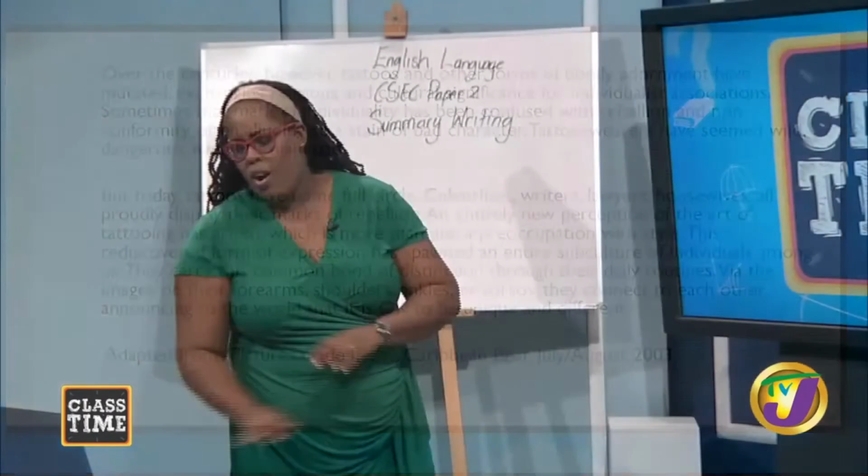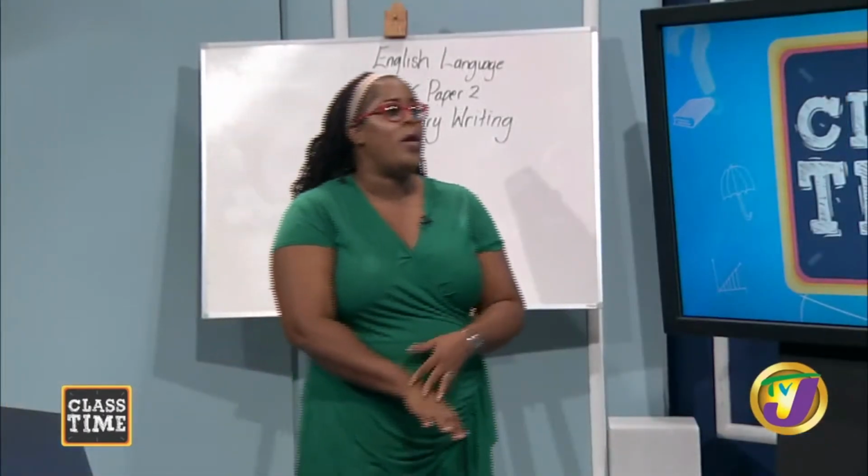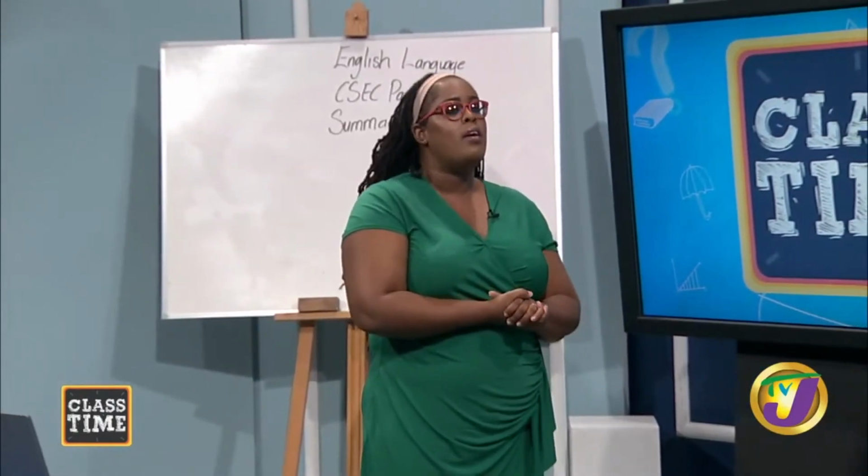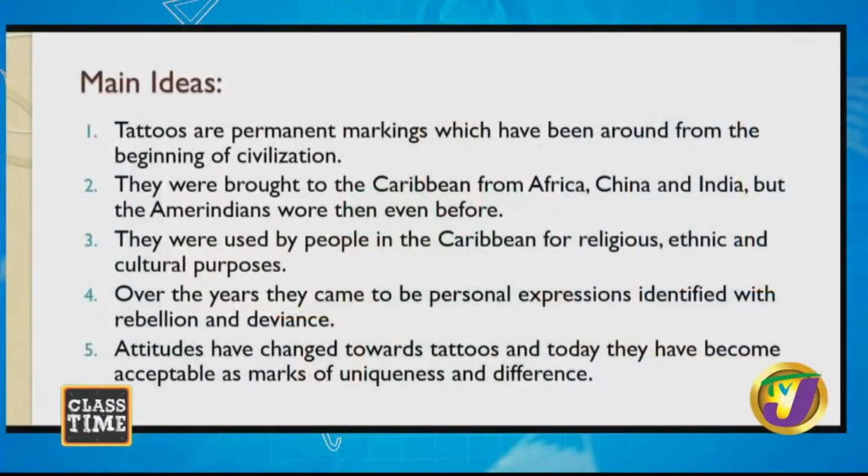Now, all of what we learned, we are going to practice it. So here are the main ideas. There were 5 paragraphs, so hence there are 5 main ideas here. Number 1, tattoos are permanent markings which have been around from the beginning of civilization. They were brought to the Caribbean from Africa, China, and India, but the Amerindians wore them even before.